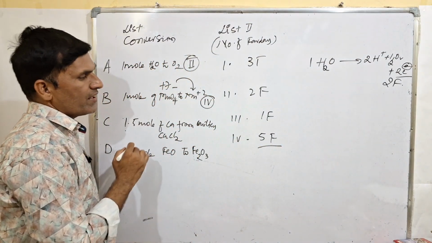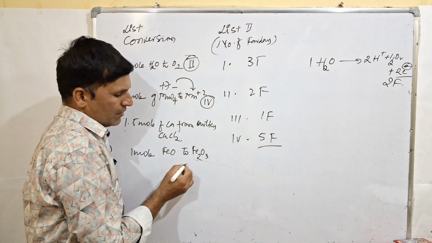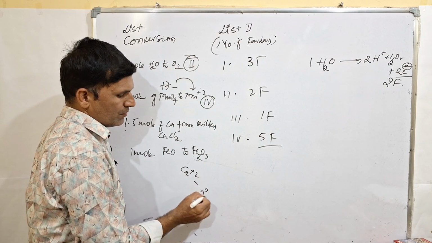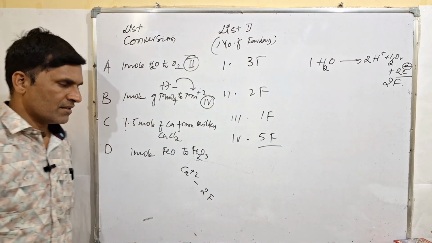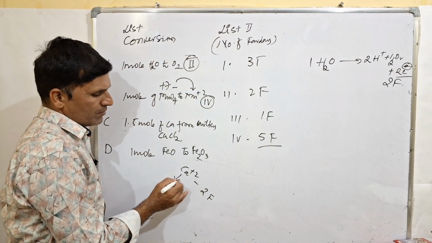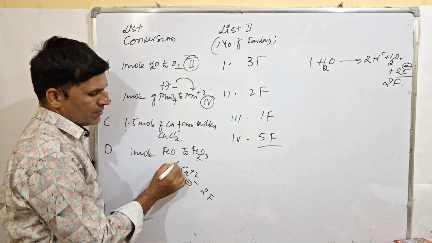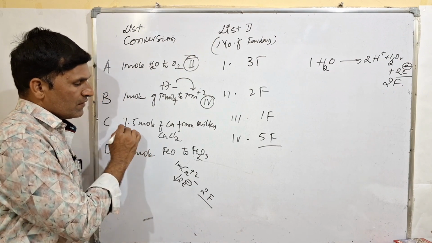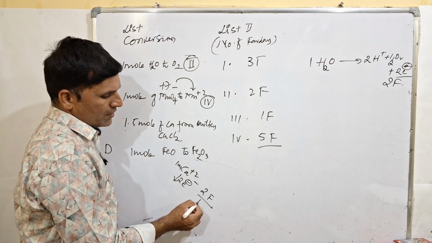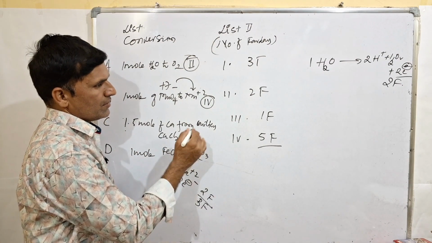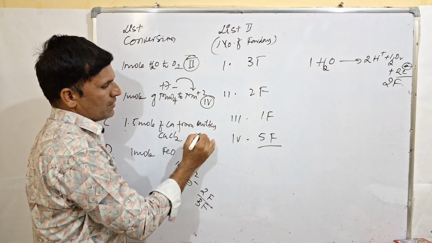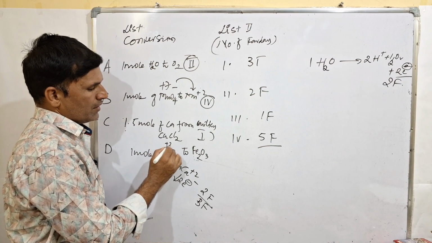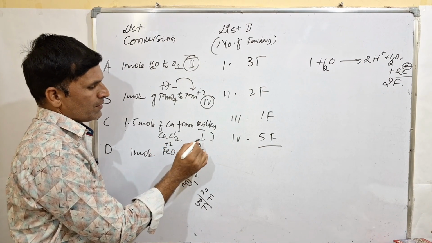And next is 1.5 moles of Ca plus 2. 1 mole of Ca plus 2 requires 2 Faradays of charge because each calcium needs 2 moles of electrons. So 2 Faraday. When it is 1.5 moles, it will be 3 Faraday. So it corresponds to 1. And lastly FeO, here it is plus 2 and it is turning into Fe plus 3.